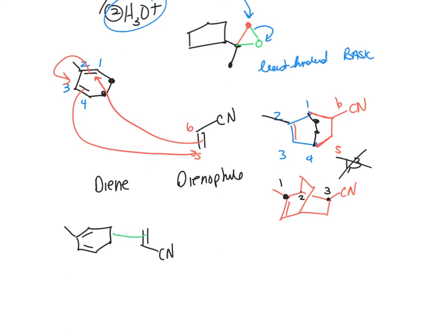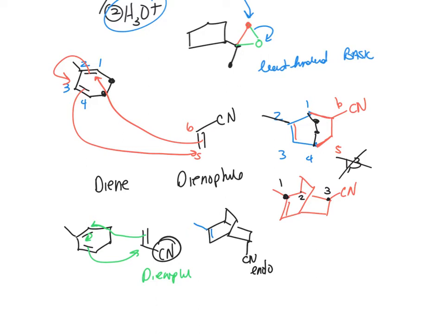Okay, so here if we do this one, so you see how I turned my dienophile upside down? And so then if you draw your 6-membered ring with your bridge, then you have your CN here. And you know that CN is supposed to be endo. Okay, so that's endo. And then you have this new bond here.